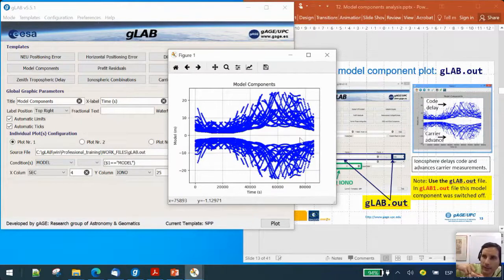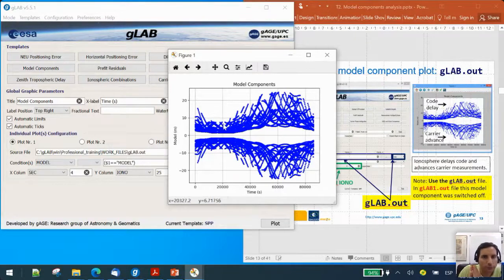So it is like if the satellite was at a greater distance. But for the carrier, we can see that the effect is negative. We have a negative value. It's like the distance to the satellite is shorter.